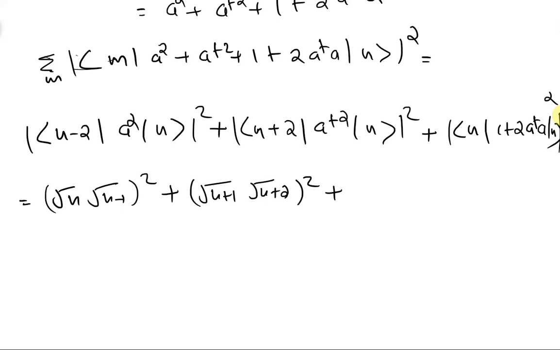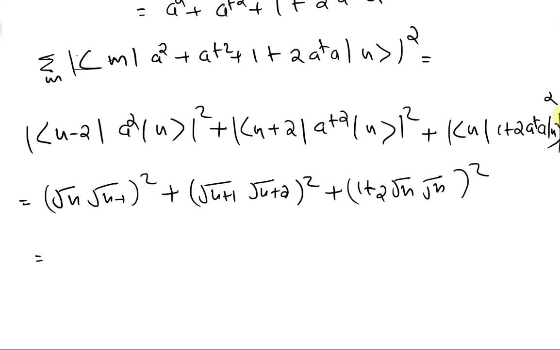Plus 1 acting on 2a†a. So a acting on that, it produces root n. On n minus 1, a† acting, it will produce again root n. And the 2 factors, the square of this term.